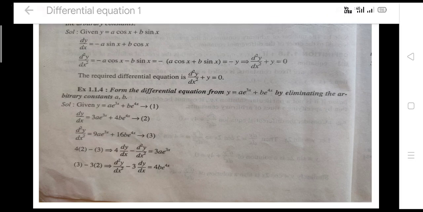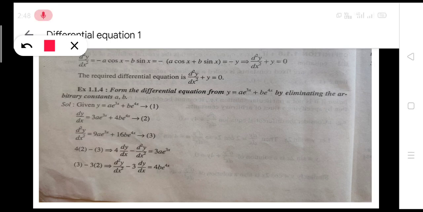Now differentiate dy by dx, that is d square y by dx square. The derivative of 3a into e power 3x is 9 times a into e power 3x. Now the derivative of 4b into e power 4x is 16b into e power 4x, that is equation 3.